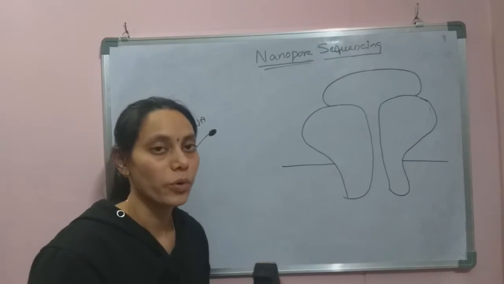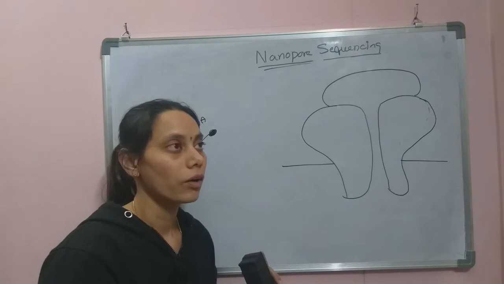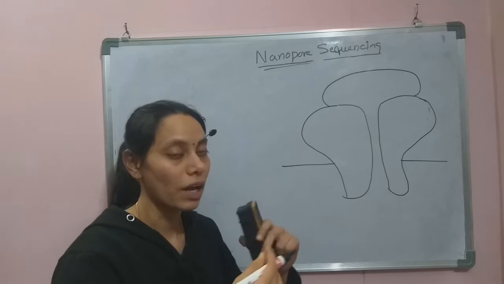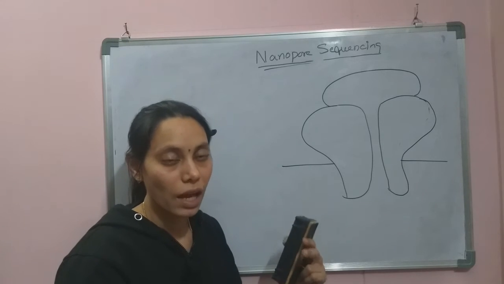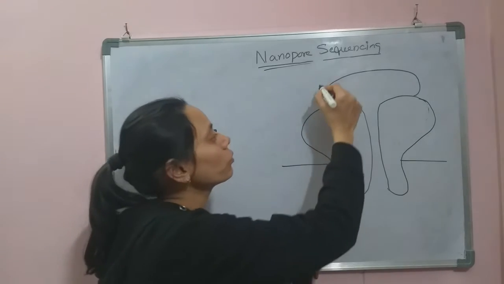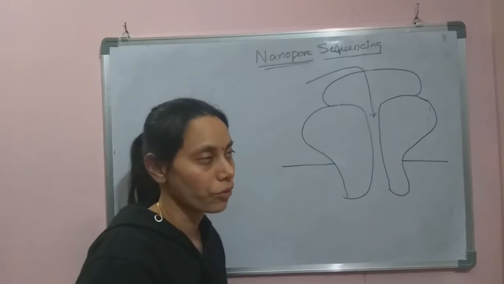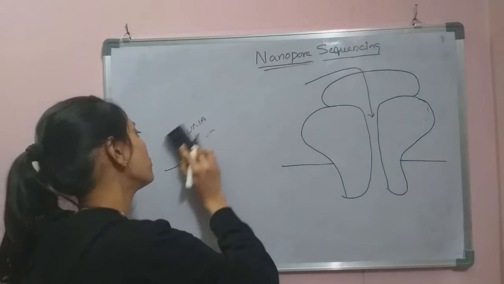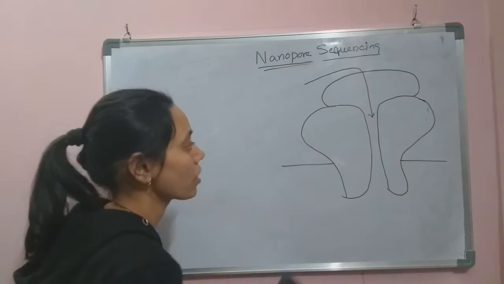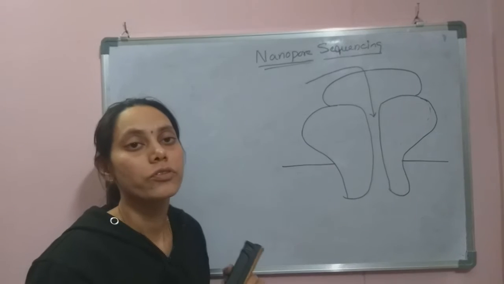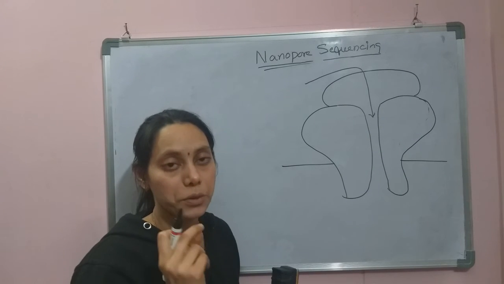This processing protein generally has a helicase property, that means it unwinds the DNA and allows one strand to pass through the nanopore. So during the process of DNA sequencing, the DNA is first isolated, and that will be fused at one end.